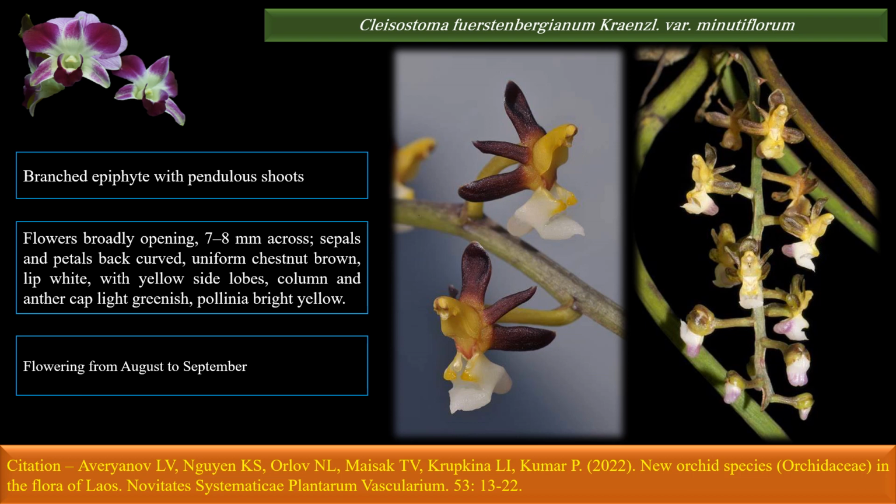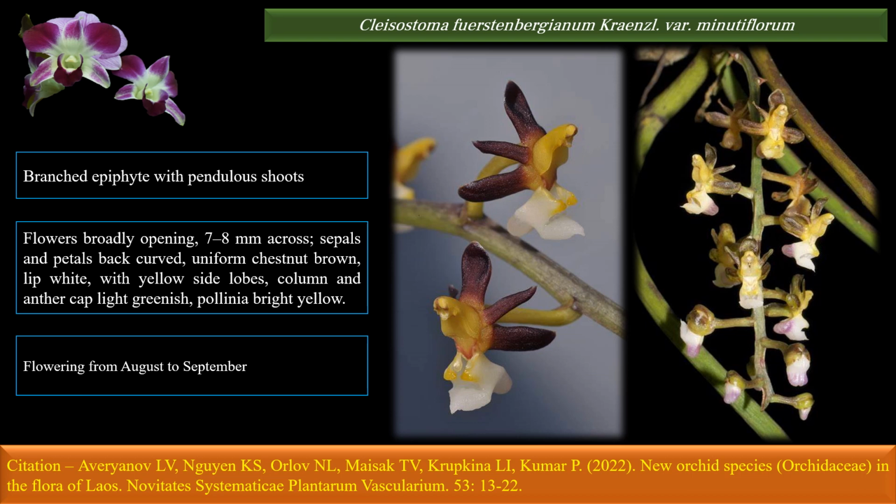Then coming to ecology, it is a branch epiphyte with pendulous shoots, in primary and secondary dry semi-deciduous, broad-leaved lowland forest and woodlands. So these are the characteristics, and as per IUCN status, it is data deficient.